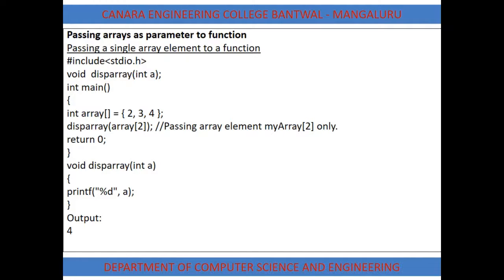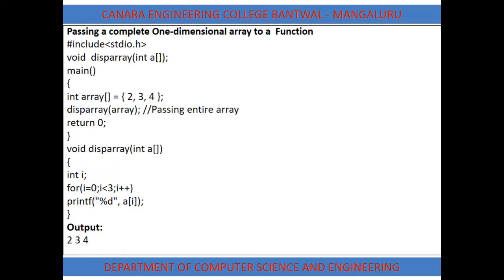That is why I have not specified it as an array. The value 4 passed here will be copied to variable a in the function, then printf("%d", a). So 4 will be displayed as the output. After the printf ends, control will go back to the main function. The next instruction, return 0, is executed, and the main function ends, or the execution of the program terminates.